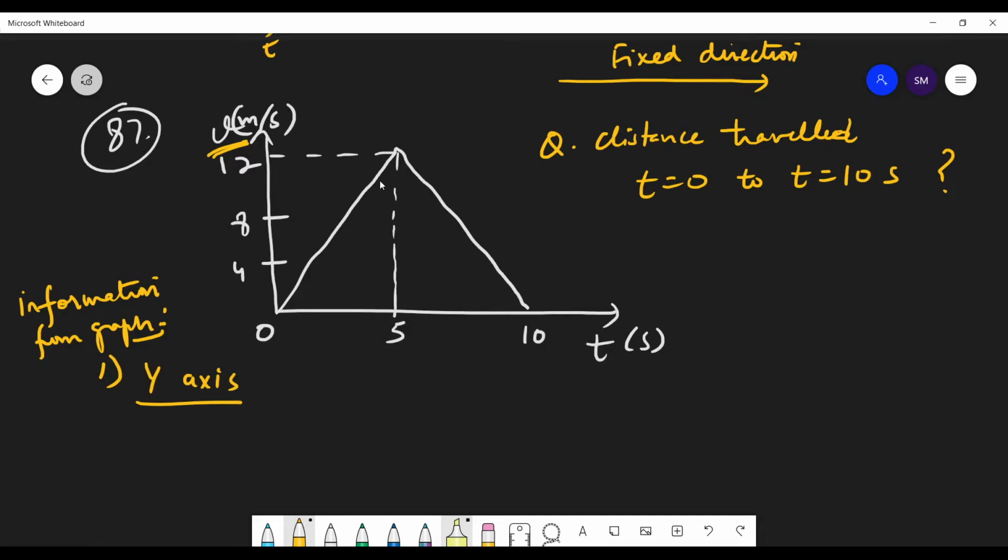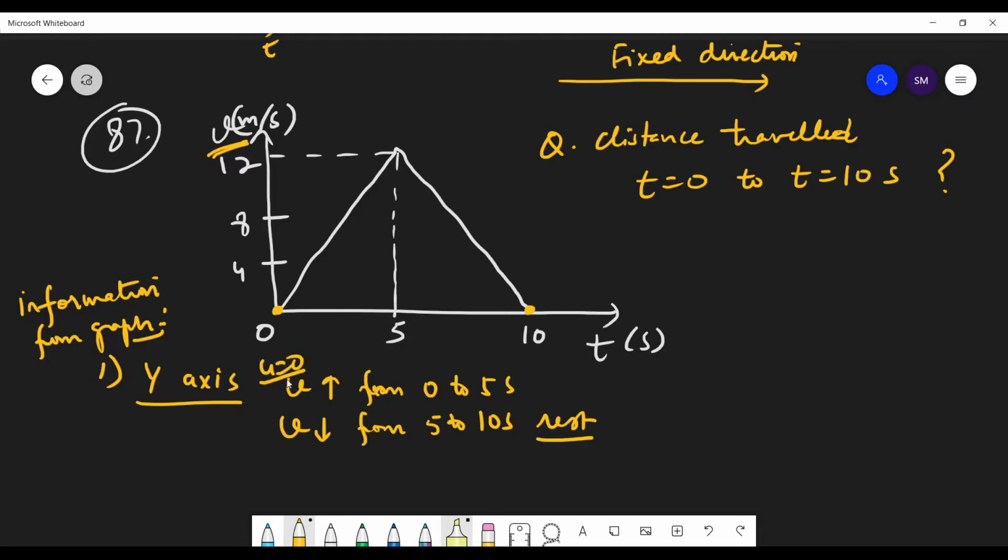Velocity. So here velocity is increasing from 0 to 5 seconds, and then velocity is decreasing from 5 to 10 seconds. And here the body starts from rest and again comes to rest. So initial velocity is 0. All this information is given from the y-axis, the physical quantity on the y-axis.